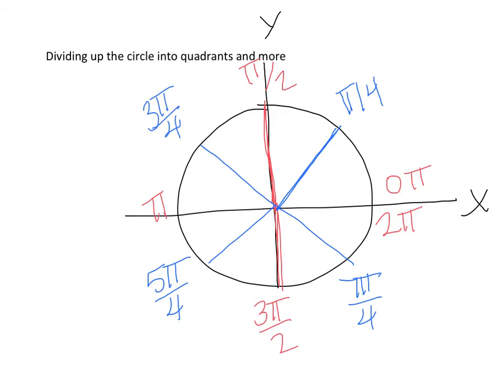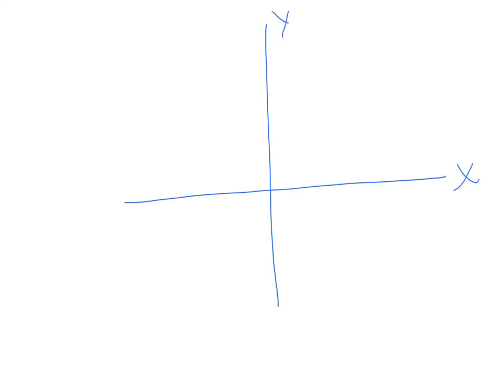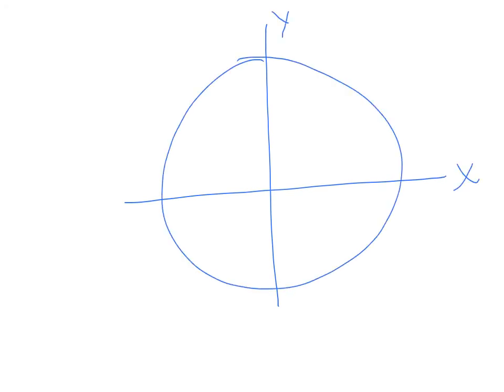We are also going to divide it up into sixths. So I'm going to do that on another sheet. So here's the new circle, xy axis, full circle. If I divide it into sixths, this one's obviously going to be pi over 6.